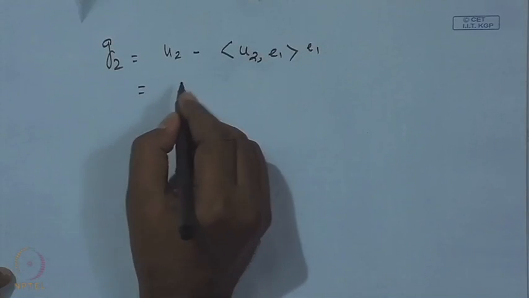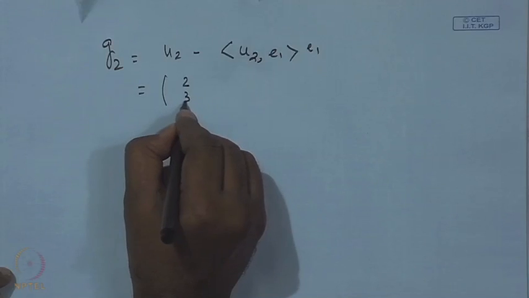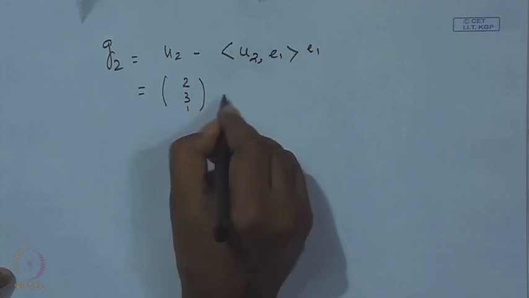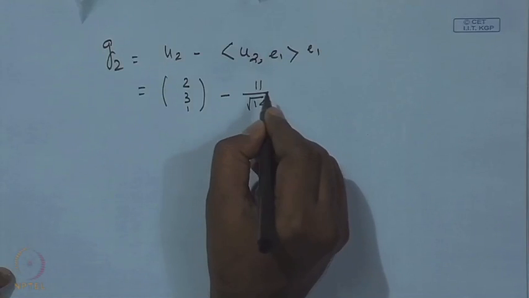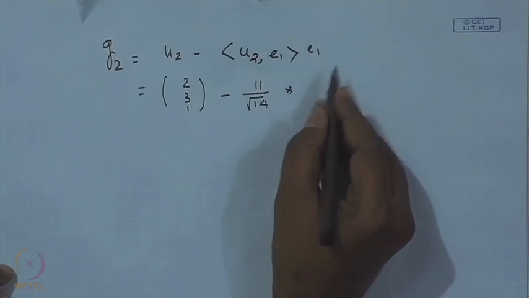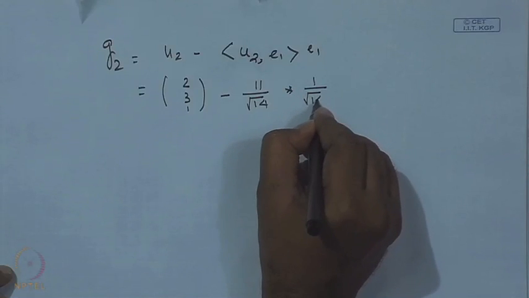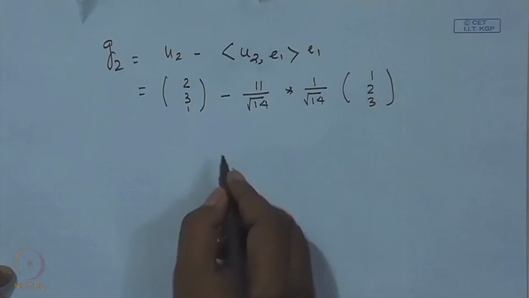So, this becomes 2 3 1 minus 11 by root over 14 multiplied by e1, and e1, if you remember, is 1 over root over 14 times 1, 2 and 3.